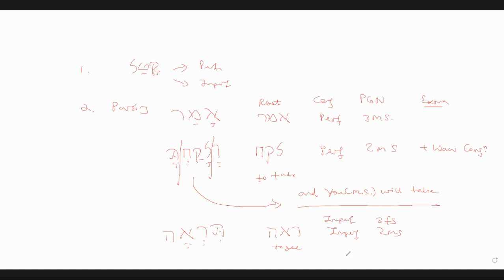So if you translate, it is either she, feminine singular, will see, or you, masculine singular, will see. Only the context will tell you whether it's a she or you, because the two are similar. So this word can have two possibilities: either she will see or you will see.